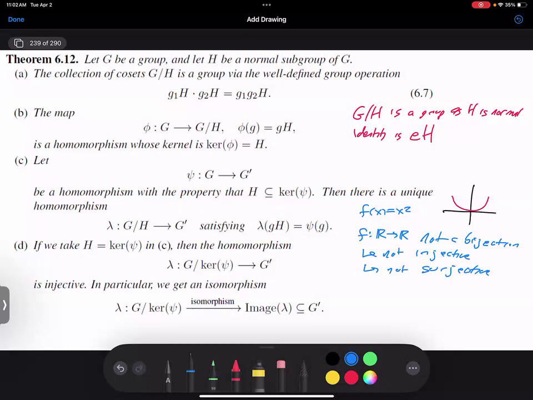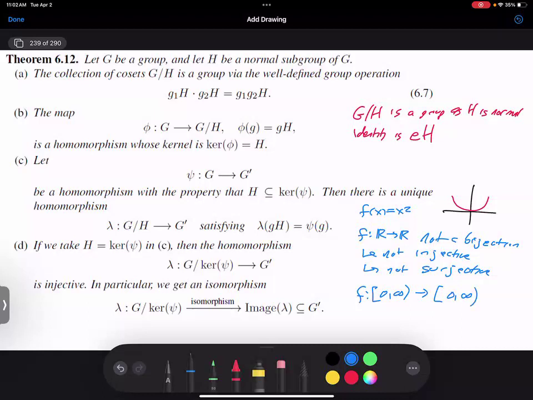So it really, really is not a bijection. It's not injective, it's not surjective. But we can modify this. And instead of considering F to be on all of the reals, let's just define it on the non-negatives. And instead of looking at the output as all the reals, let's look at the output as all the non-negatives.